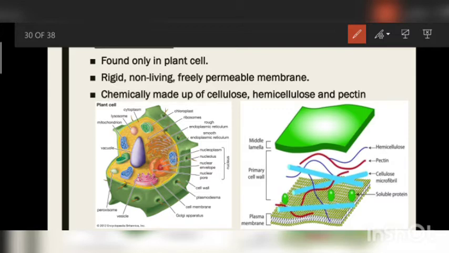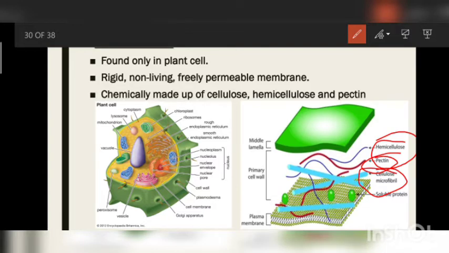So many cellulose fibrils, this is the cellulose microfibril, help to bind hemicellulose and pectin. Pectin works like a glue which helps make it so that all three attach themselves.